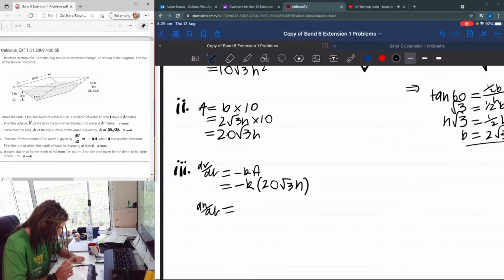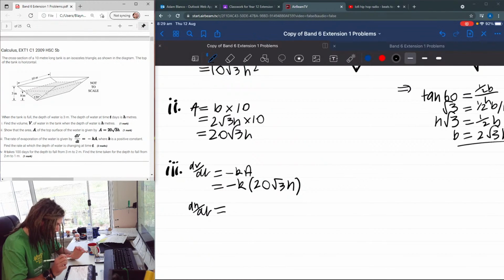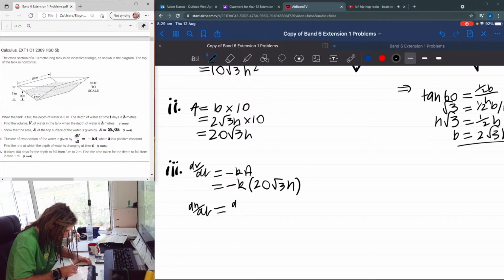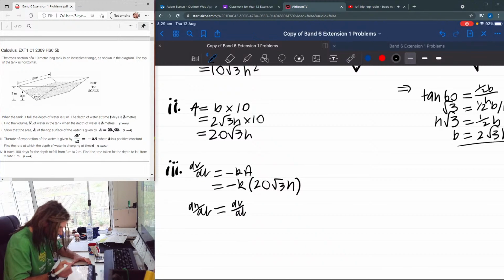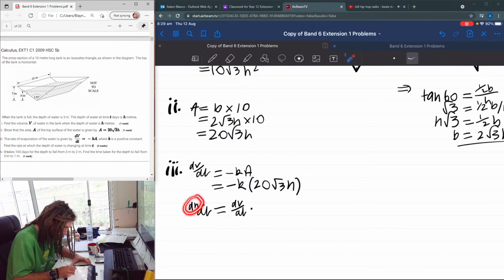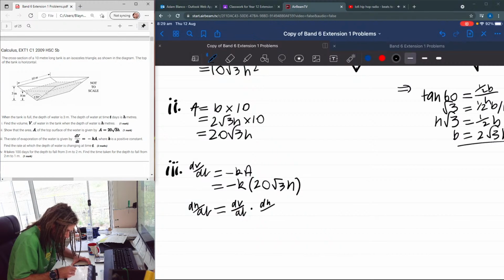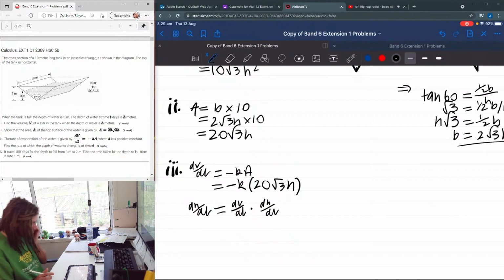The stuff that I do have, I write what I have and then fill in the rest. So dV on dt is something that I have. Now in order to create this H, I need an H on the top, and I also need this to cancel, so I need that to be a dV. So dH on dV.